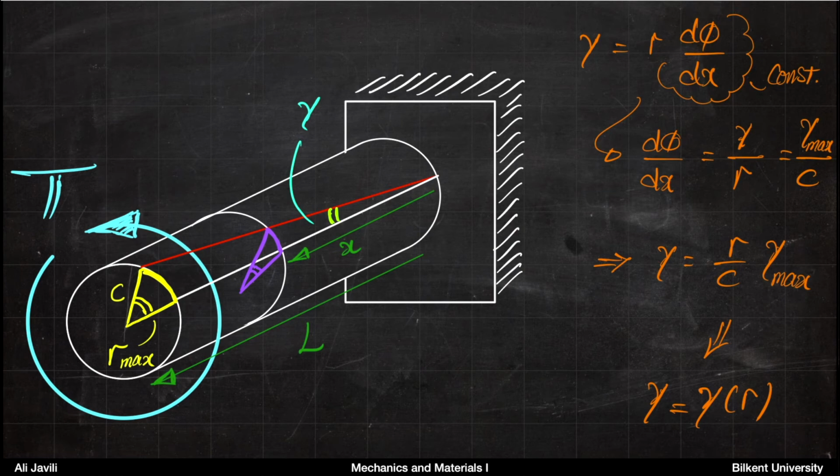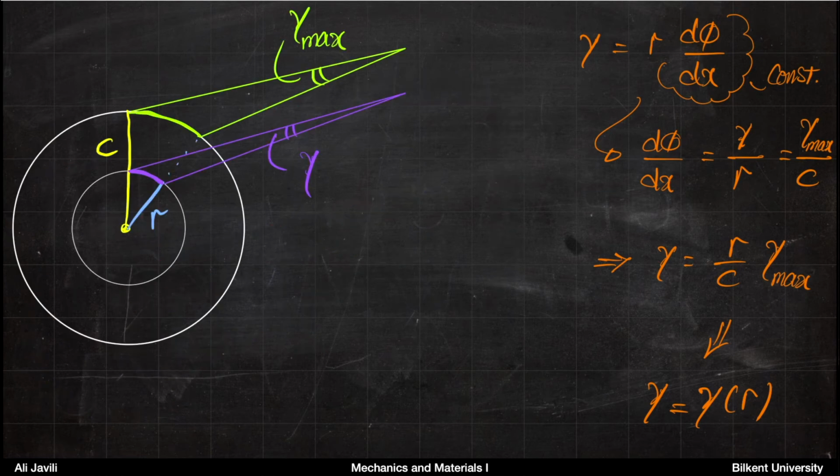If you think of the picture here, this is for the outer layer, but if you go further inside, at different r, you have a different gamma. You get the maximum gamma if r is maximum. If r is less than r max, you get a gamma less than gamma max. And eventually at r equals 0, you get gamma equals 0.